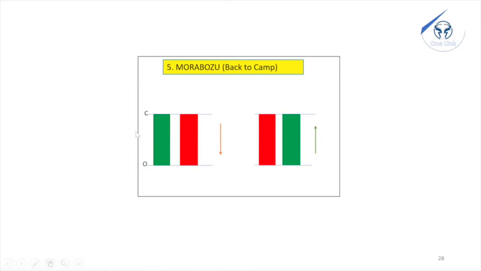That means there's no tail at all. The green candle and the red candle are the same size, the body is the same size, without any wick or shadow. When you see two candles side by side and you see the red candle here, that means the price is selling. That means you can short the price and you can earn some pips.